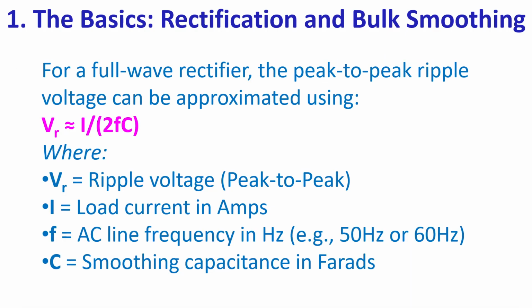For a full wave rectifier, the peak-to-peak ripple voltage can be approximated using VR ≈ I / (2FC), where VR is the ripple voltage peak to peak, I is the load current in amperes, F is the AC line frequency in hertz, for example 50 hertz or 60 hertz, and C is the smoothing capacitance in farads.